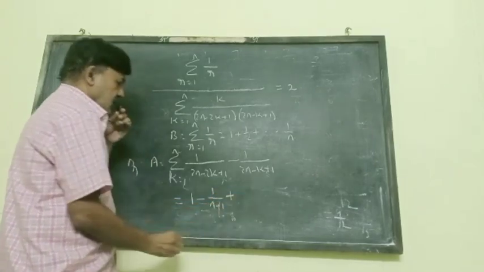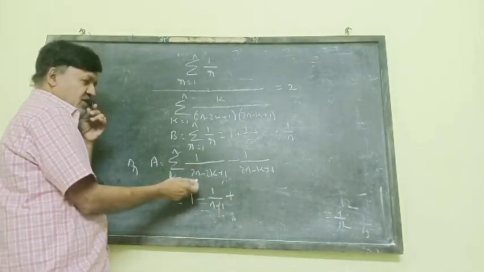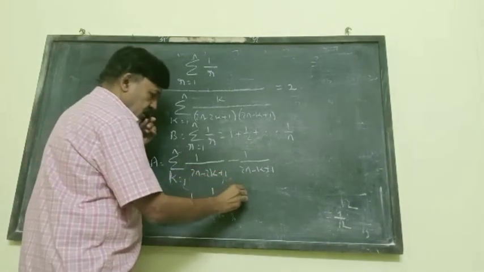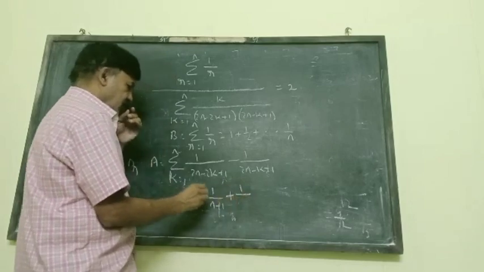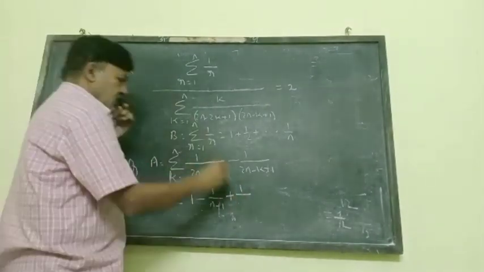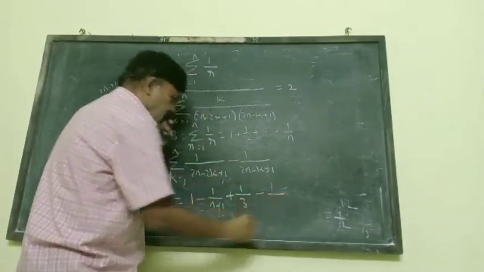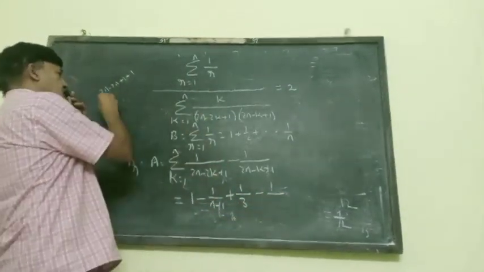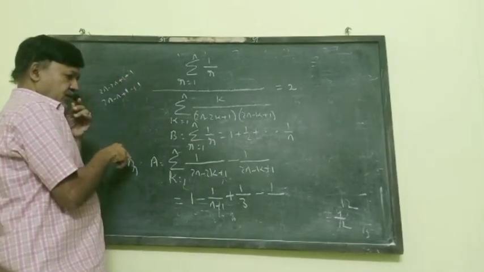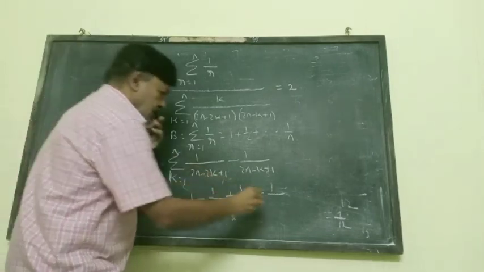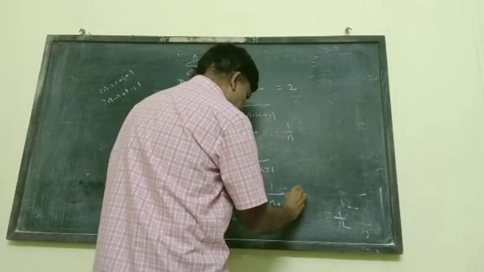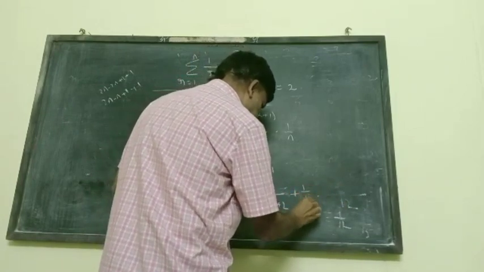Plus, n minus 1 you put, 2n minus 2n will get 1 by (2n minus 2n plus 2 plus 1), which means 1 by 3. Now if you put here 2n minus n plus 1, plus 1, so you are going to get n plus 2. So you go on arranging it like this. Next you will get 1 by 5.